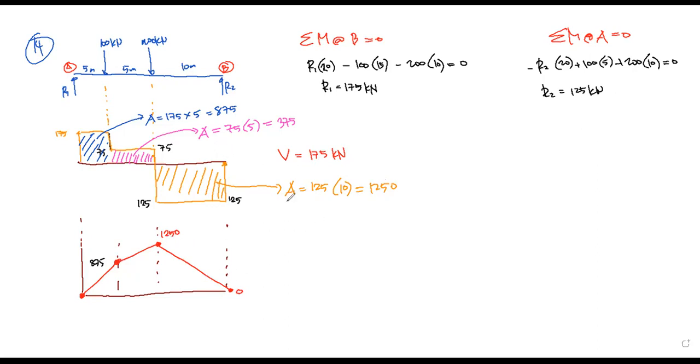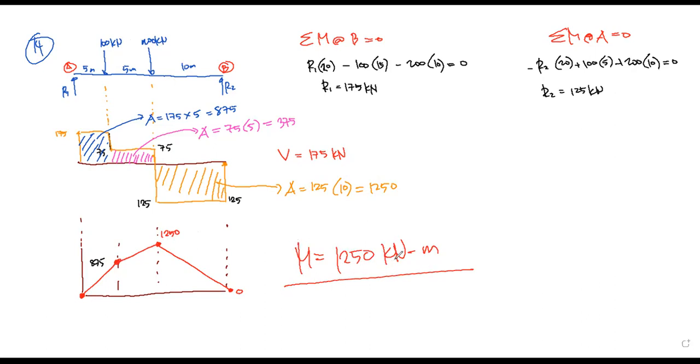So if you try to look at the maximum moment in the beam, just look at the maximum or the highest value, that's 1,250 kilonewton meter. So do not forget that we're using kilonewton as the base unit for the force.